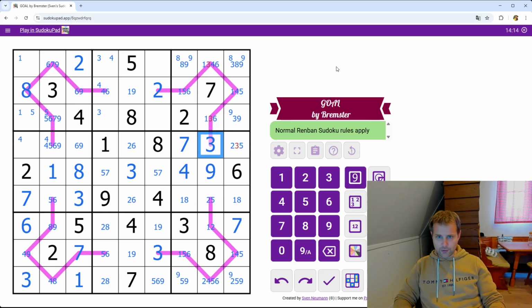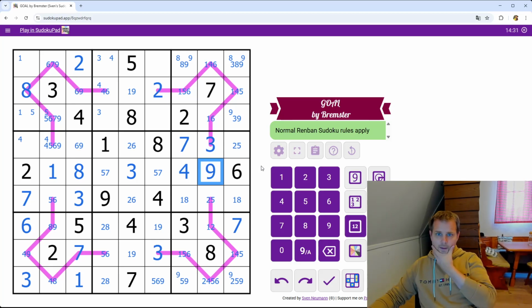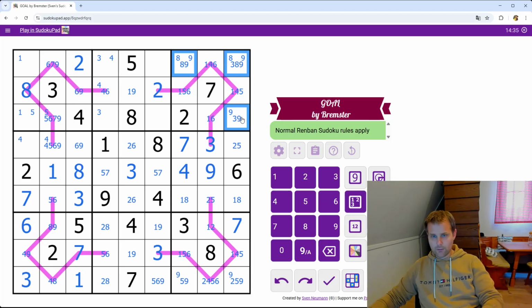So this is a 3. And we can remove the corner marks up there.